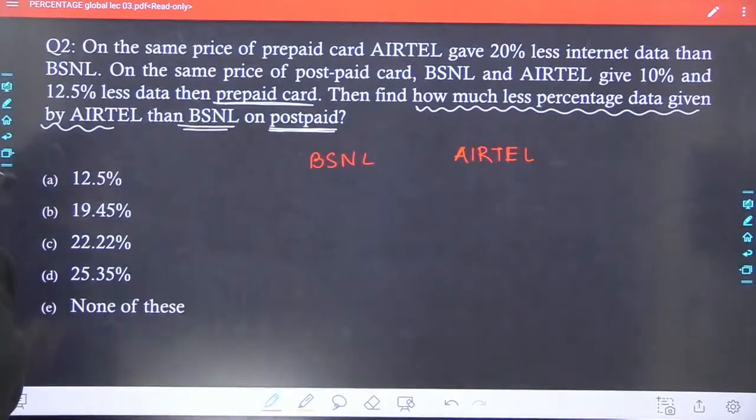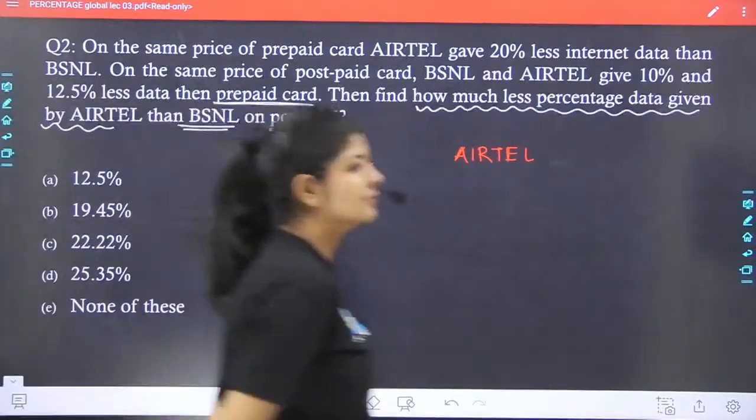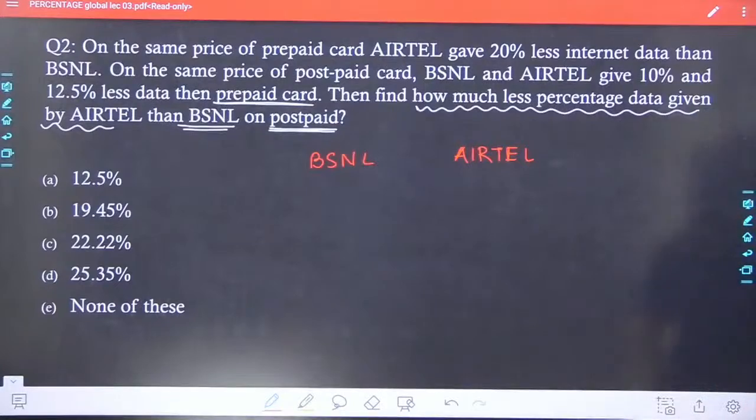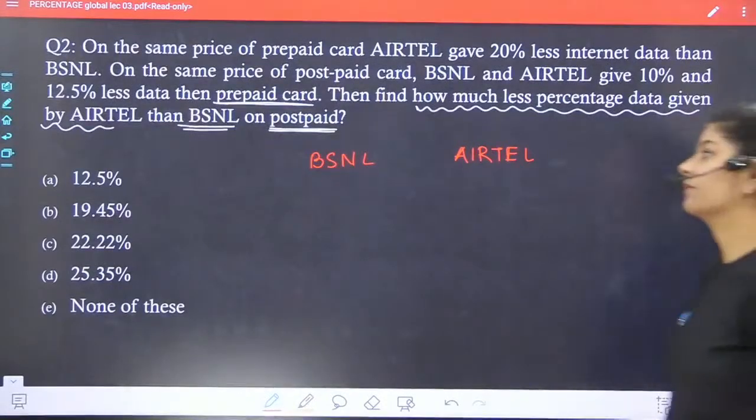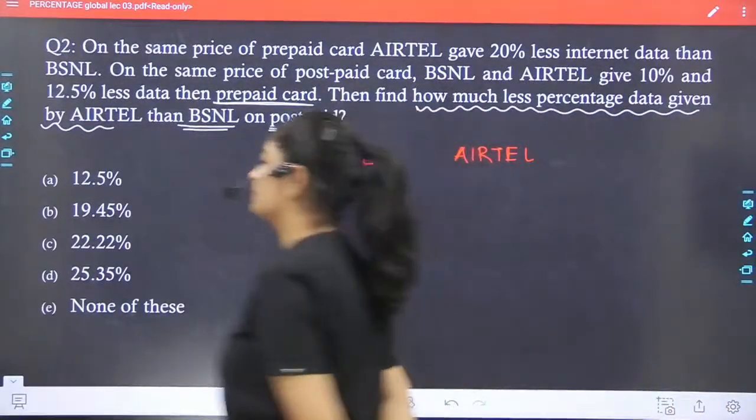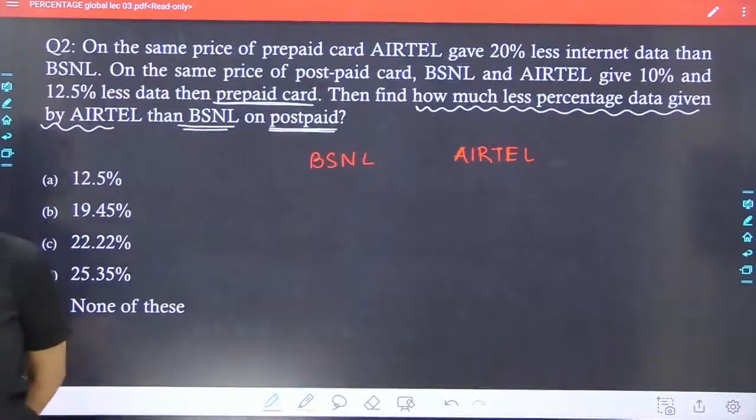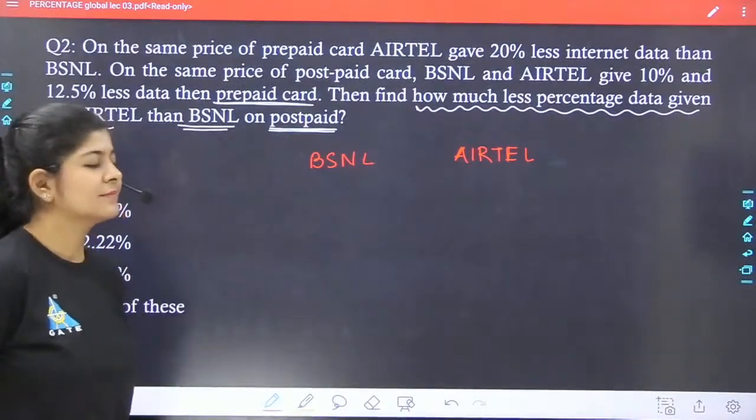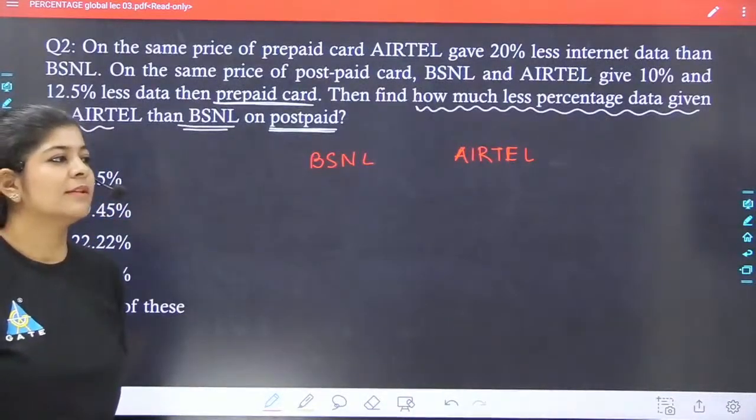What is the correct answer of question number 2? Anyone?